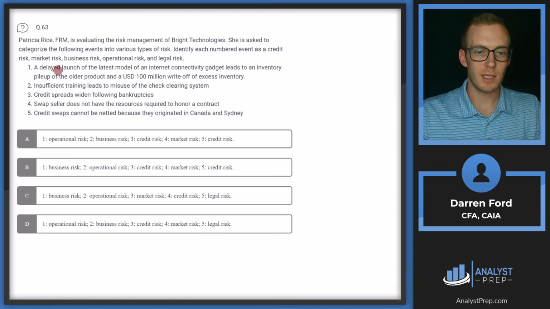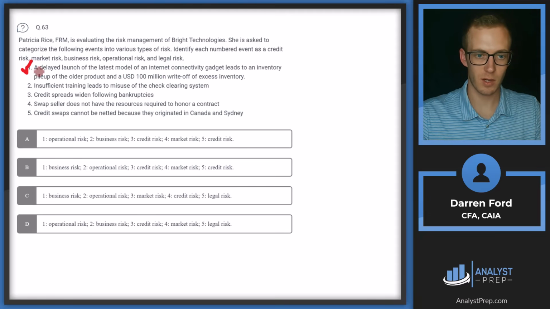Number 1, a delayed launch of the latest model of an internet connectivity gadget leads to an inventory pileup of the older product and a USD $1 million write-off of excess inventory. So this is going to be a business risk, and that's because it's related to product and directly related to revenue and profits.